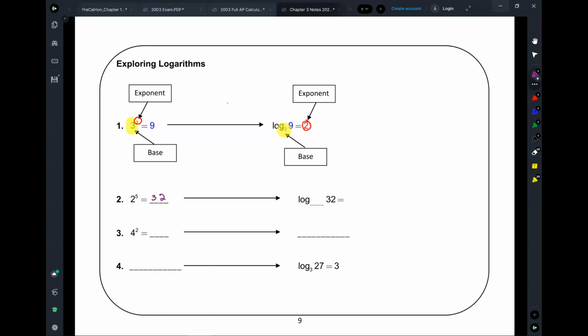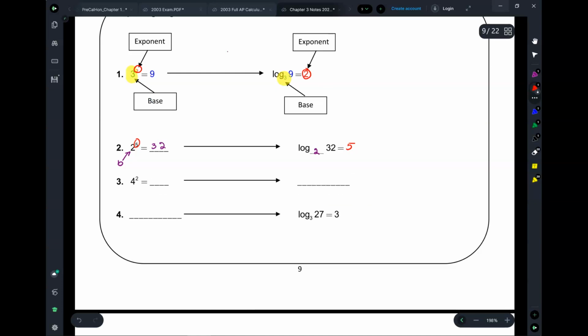In here, where is the base? It's this 2, correct? So when I put it in logarithm form, it's log base 2 of 32. And where is the exponent? That's the answer. Okay? So this is the base, and the answer is always the exponent.